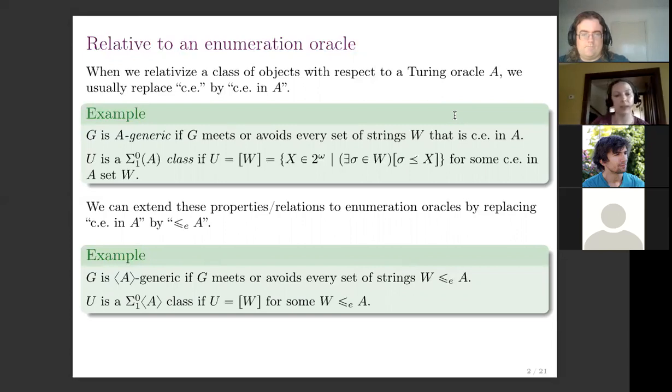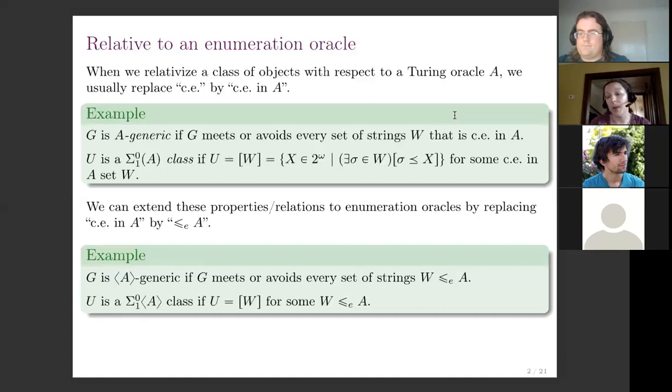The definition is straightforward. So I'd like to point out that both of these are not new ideas. Generic relative to enumeration oracle, the first time I saw that was in my first ever course in computability theory, in which my dad just introduced it as the most natural thing.